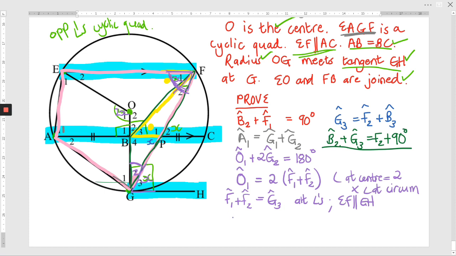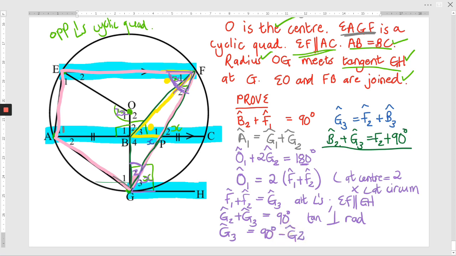Okay. But then the G2 plus G3, now I'm getting closer to G2. G2 plus G3, they were 90 together, and you can see I'm getting close to the 180. They were 90 because of tangent-radius, proven. And then you can rewrite G3 as 90 minus G2.